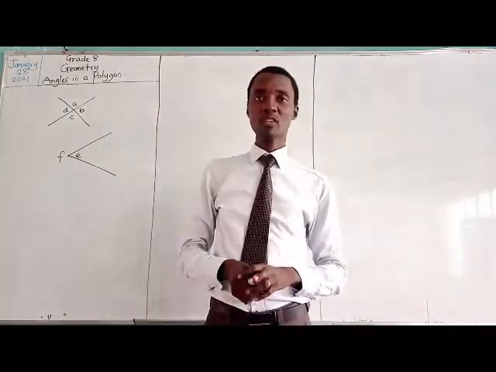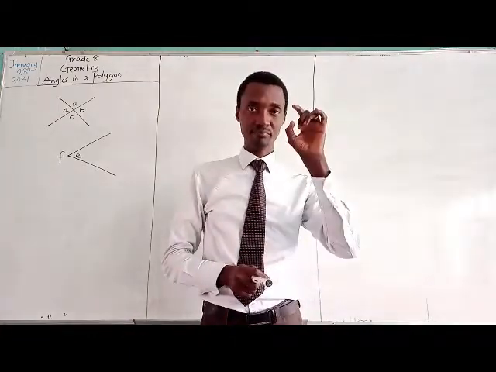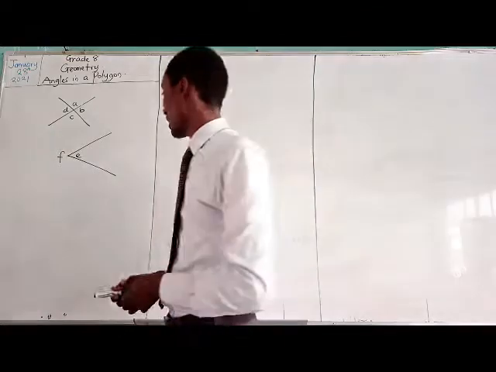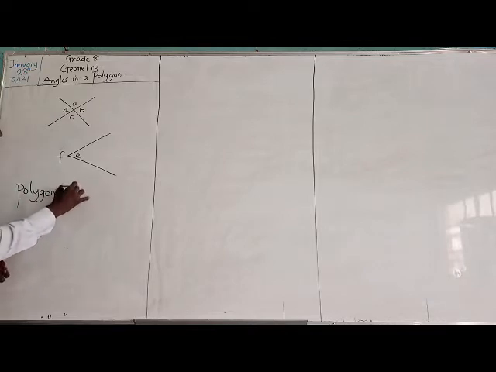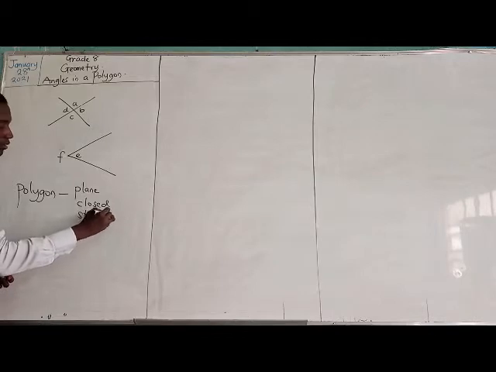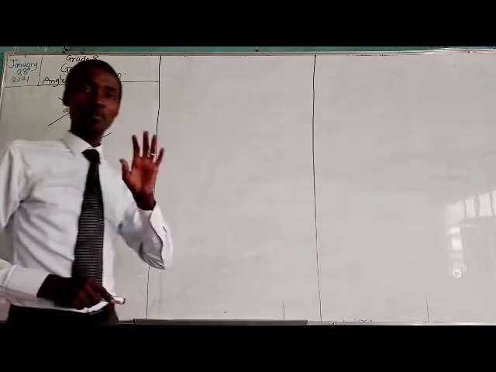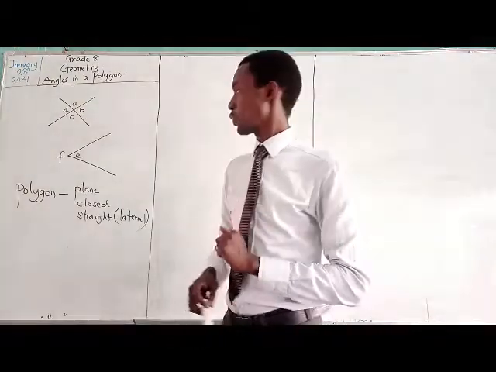A polygon simply is a closed plane. Let's take them in that order, by looking at the keywords: closed, plane. It is closed, with straight or lateral sides. A polygon is a plane closed figure with what?